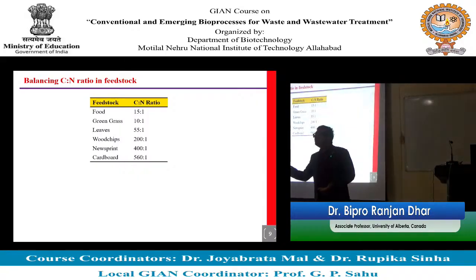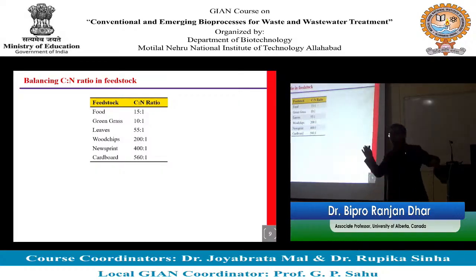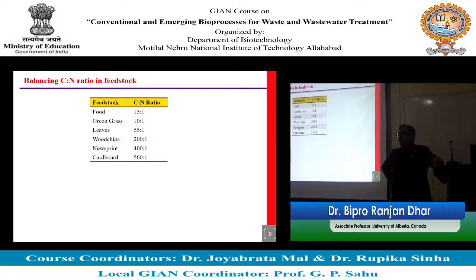Sometimes we can do composting in our backyard, right? Does anyone here do composting at home? Okay. I also used to do composting during summer, mainly for vegetable scraps.